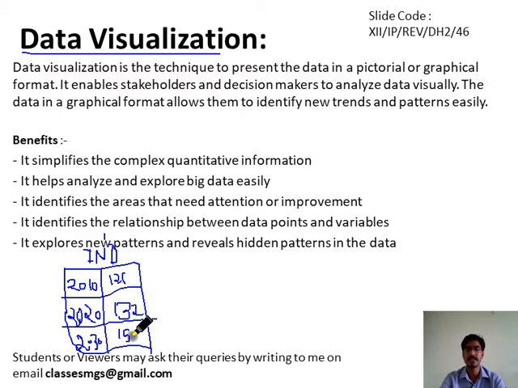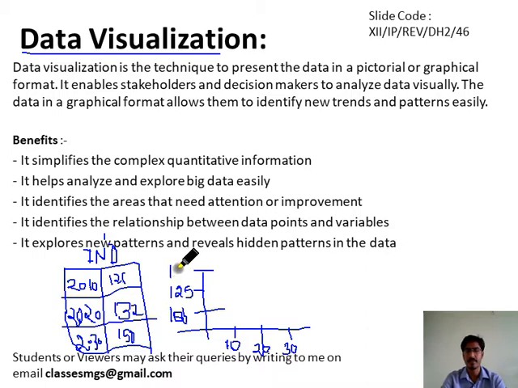Let's suppose the data is given in this tabular format, and you want to draw a simple line chart showing the year on the x-axis and the population on the y-axis. So let's suppose in the year 2010, 2020, and 2030, we have the population, and let's suppose this is 100 crore, this is 125 crore, this is 130 crore, 150 crore.